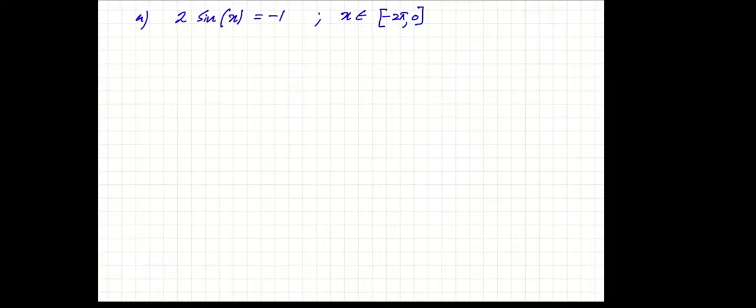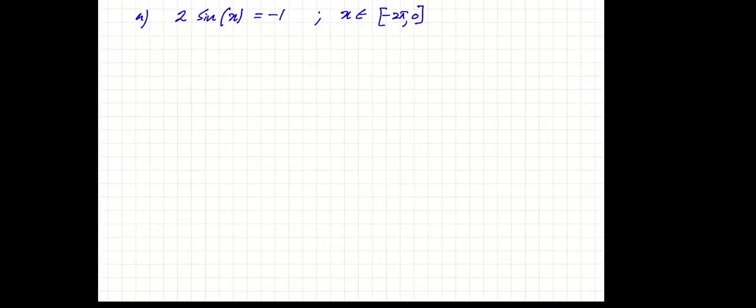The trigonometric one, yeah? So 2 sin x is equal to -1. Okay, so it's like this. Now what do you do? Sin x is equal to -half, right?